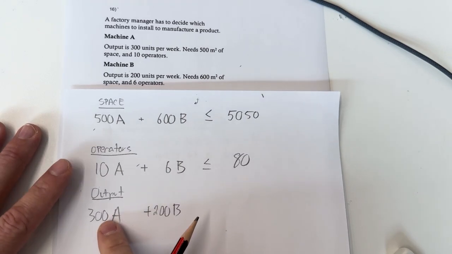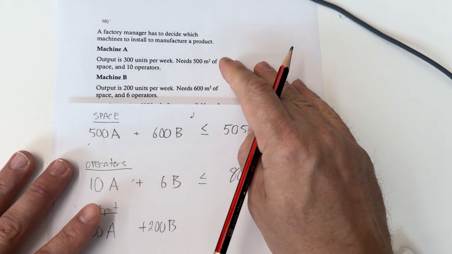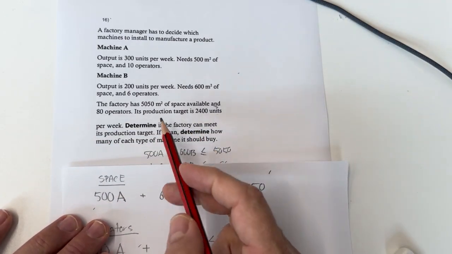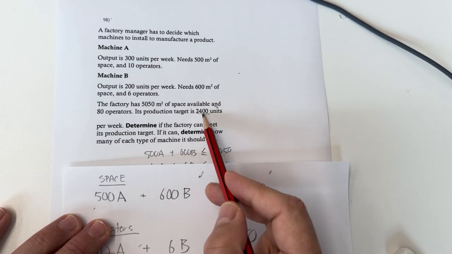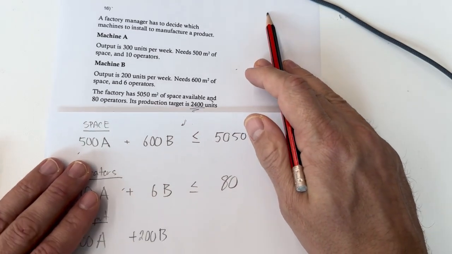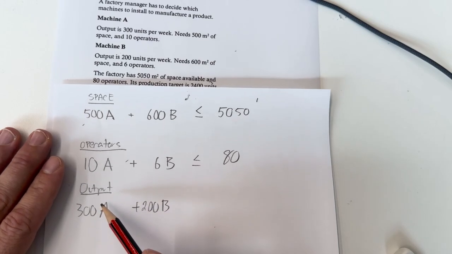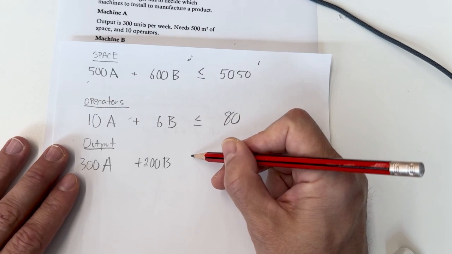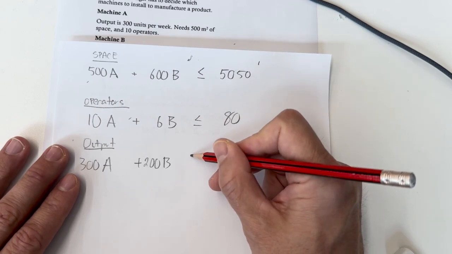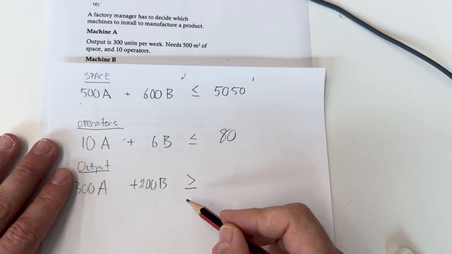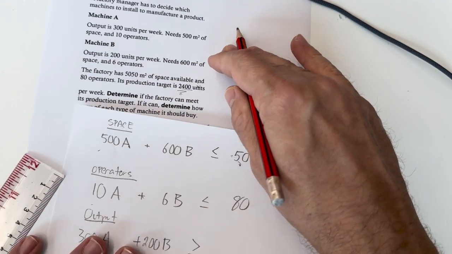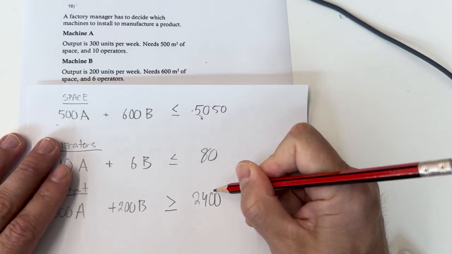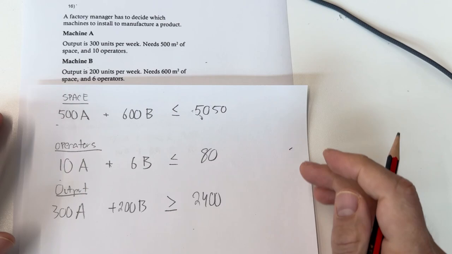And again, our goal, our output, right here. They want 2,400. So we know that whatever all the A machines do and all the B machines do, it cannot be less than what we want. So it can be bigger than that or equal to our goal of 2,400. Okay. There we go. So I got these three things.